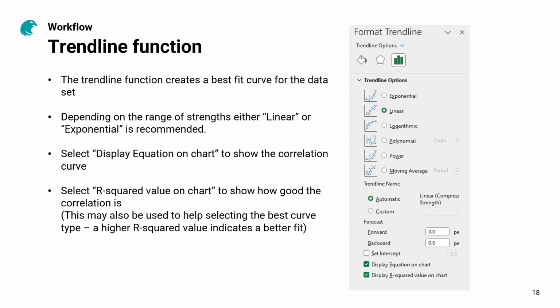Depending on the range of strengths, either linear or exponential is recommended. Select Display Equation on Chart to show the correlation curve, and select the R-squared value on the chart to show how good the correlation is. This may also be used to help selecting the best curve. A higher R-squared value indicates a better fit.